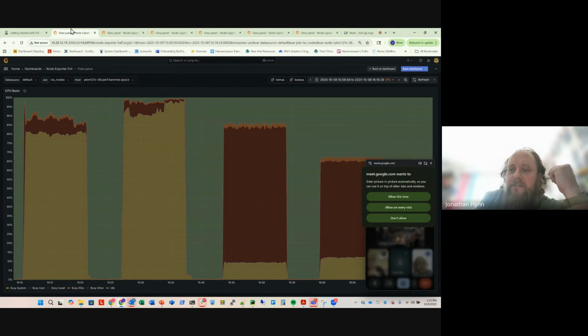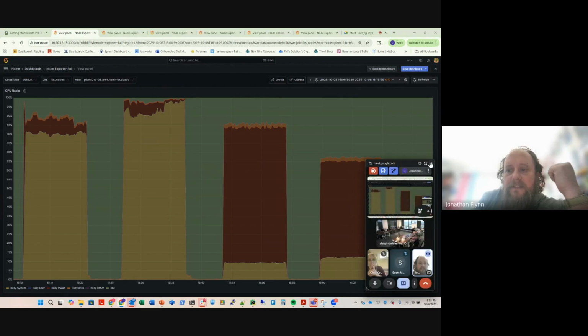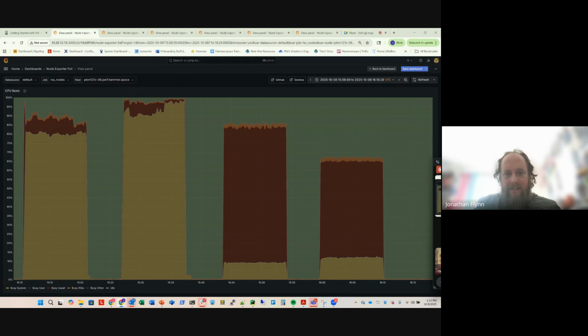I'm going to keep it fairly fine-grained at the moment, and simply cover the node exporter stuff. What we see here is default memory mode with 16 volumes, as we described in the slide, with the 3 terabyte data set, so 300% the memory of the backend.